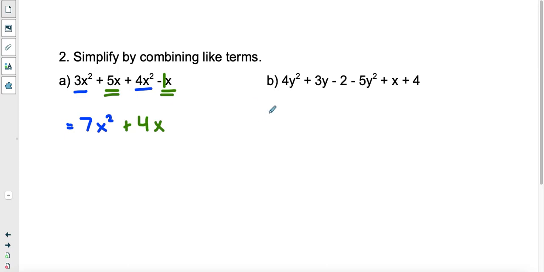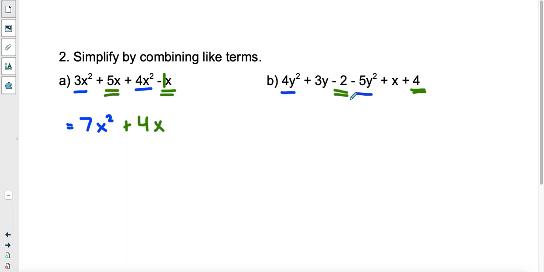First, I can see I have a 4y squared here, and I have a negative 5y squared. They both have a y squared, so these are like terms. Also, I have a negative 2 and a 4 as well, which I can combine together.